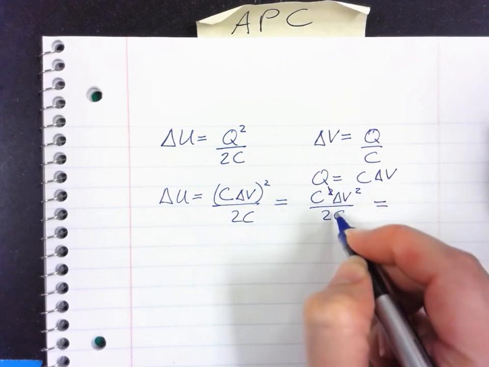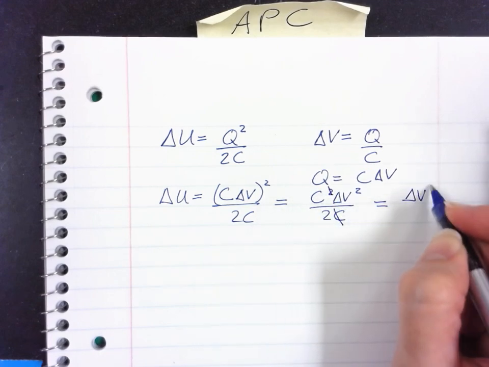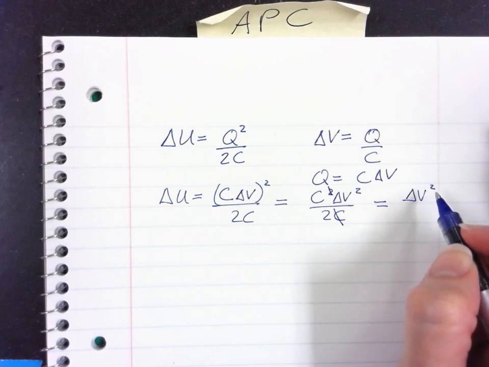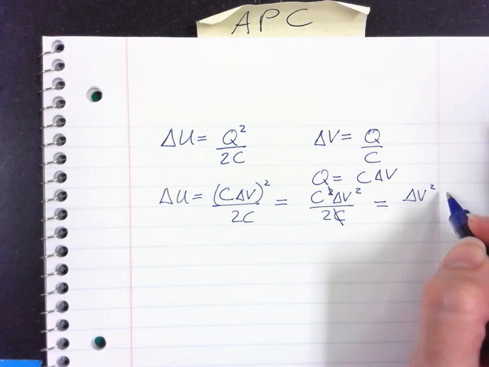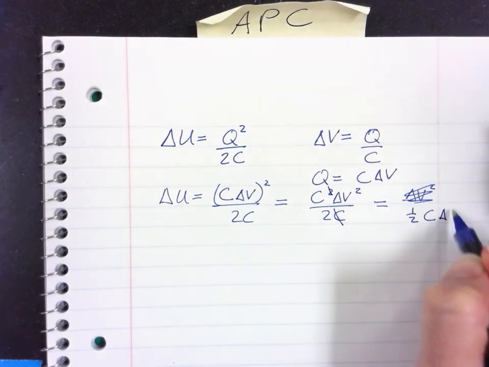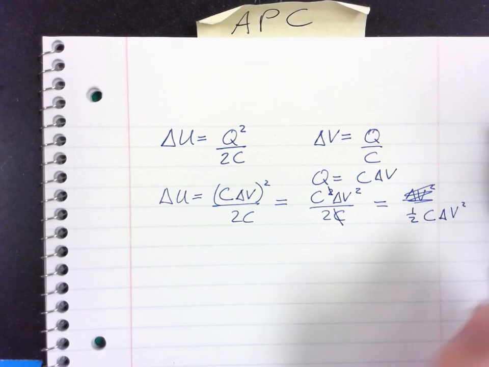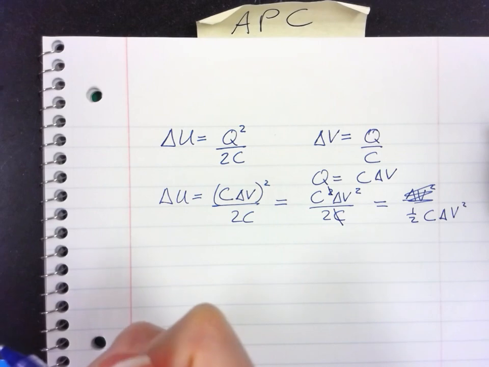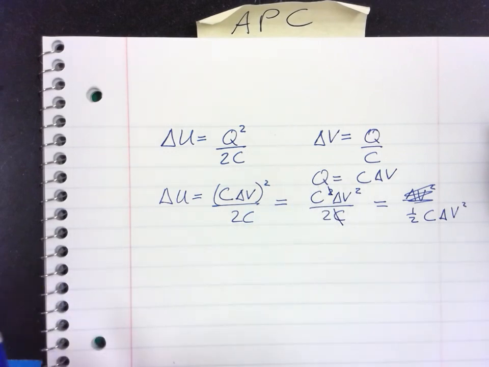And so one of the C's cancels. So I have delta V squared times C. Let's try again. All I have in the denominator is a 2, so I'm going to write 1/2 C delta V squared. And then the way it's actually usually first written in terms of definition is not including C at all.